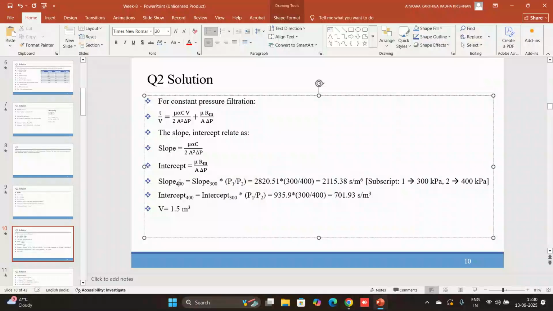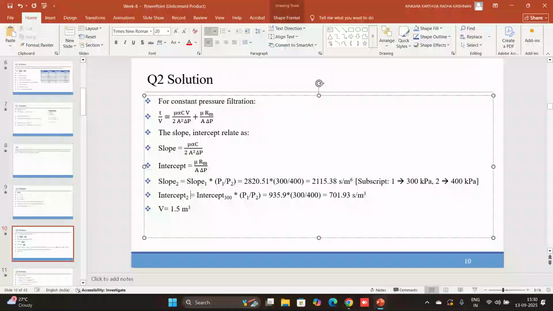Or else we can put it like 400 is 2, 300 is 1, and you can put a pressure drop.